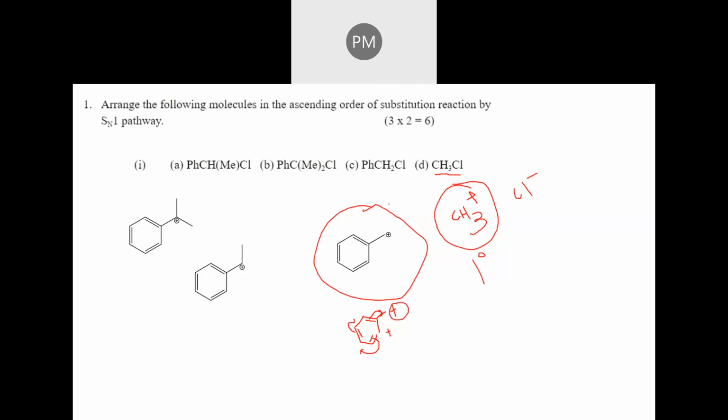If you order the ascending order for the SN1 pathway, the methyl one will be less favored, then PhCH2Cl.